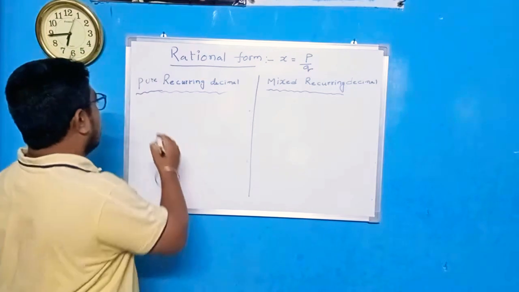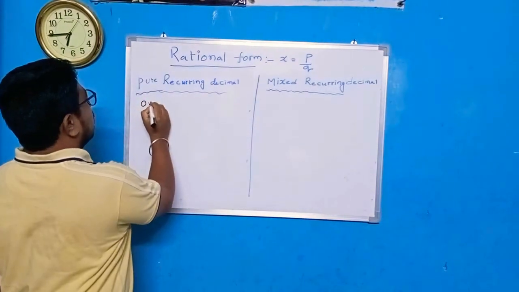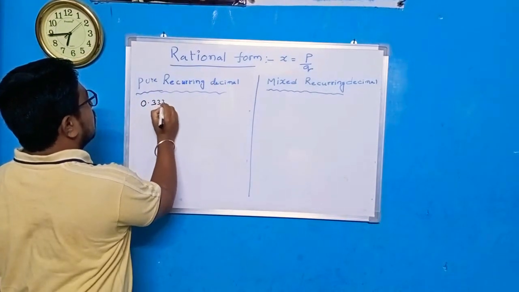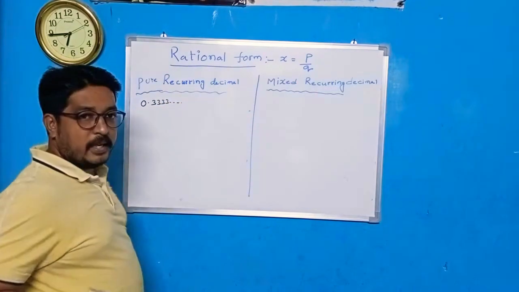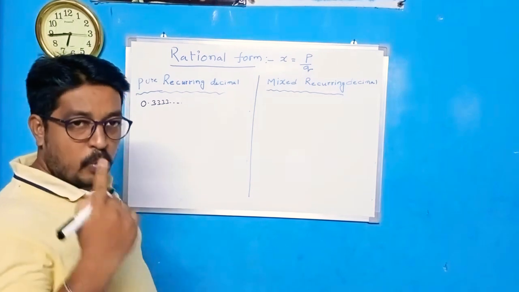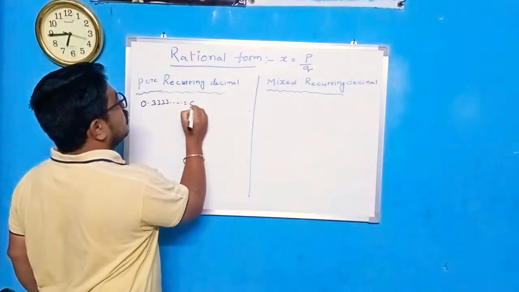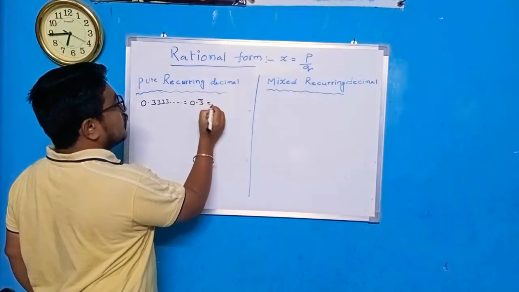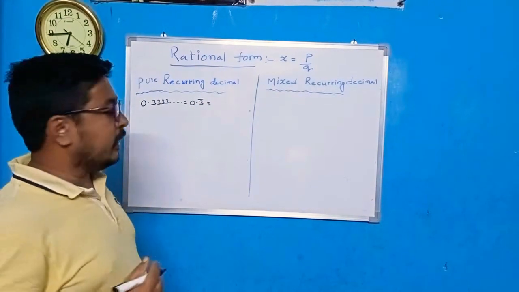See here, 0.3333 and so on. So 3 is recurring, so 3 is the period. One digit is recurring, so 0.3 bar. What is my technique here?